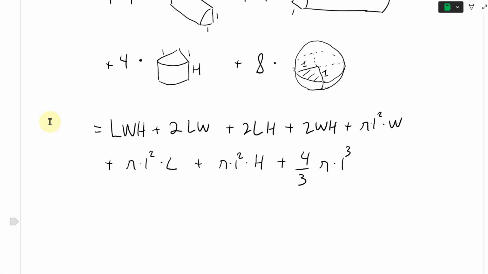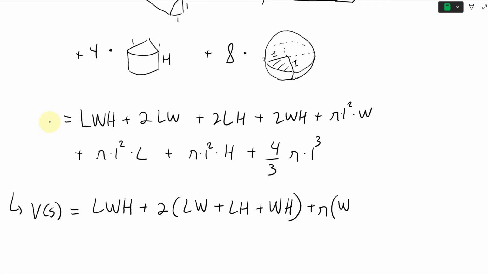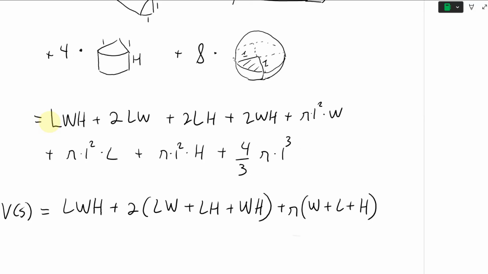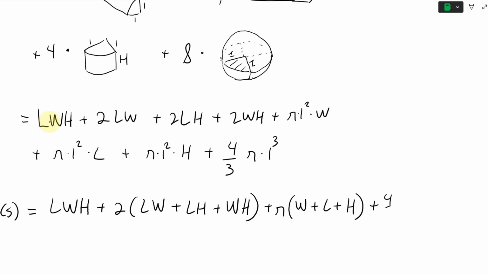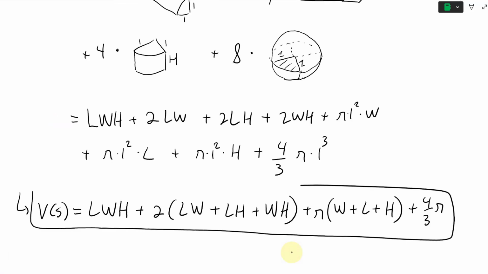We get here V of S, the volume of the full shape, is equal to LWH plus, and then factor out the 2: LW plus LH plus WH, and then plus pi, and we can also factor out the pi: W plus L plus H, and then plus, I'll just move this all the way here, plus 4 over 3 pi. All right, and now we can just box this whole thing in. So there it is.